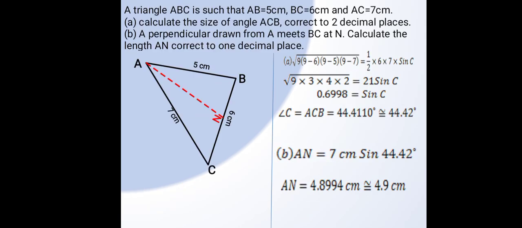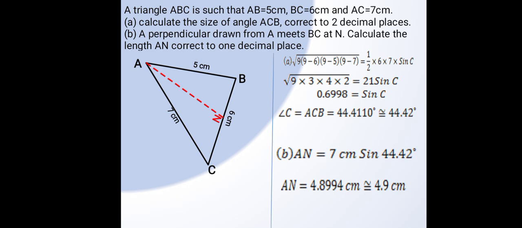A triangle ABC is such that AB is equal to 5 centimeters, BC is equal to 6 centimeters, and AC is equal to 7 centimeters. A, calculate the size of angle ACB, correct to 2 decimal places.